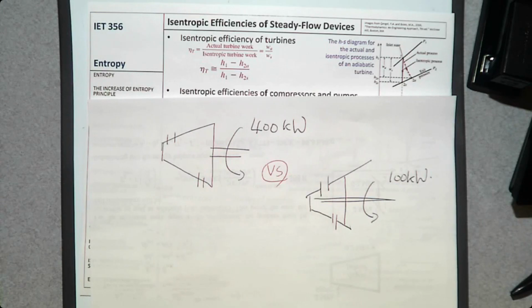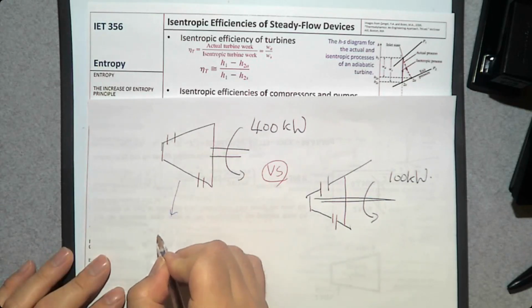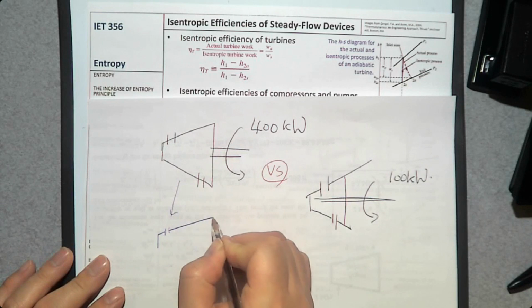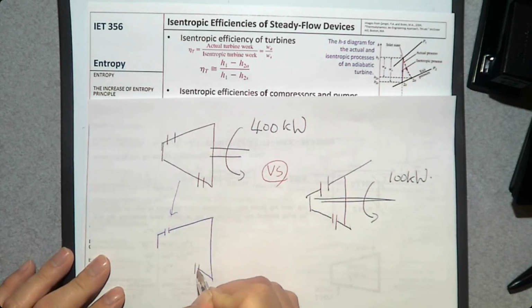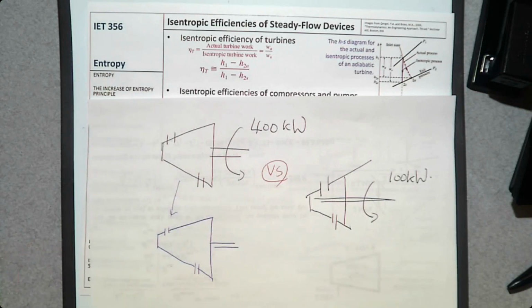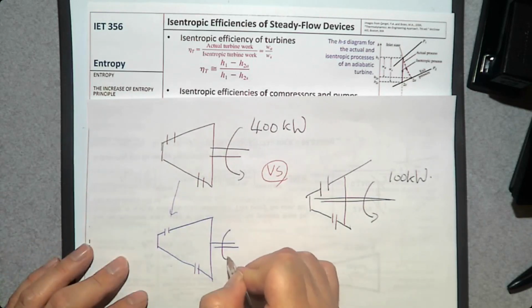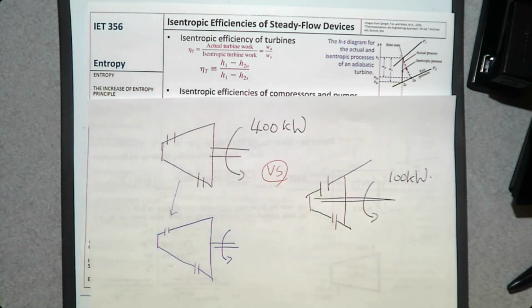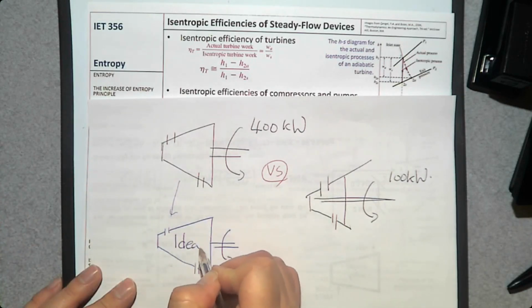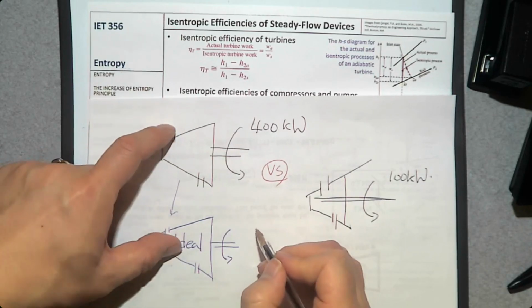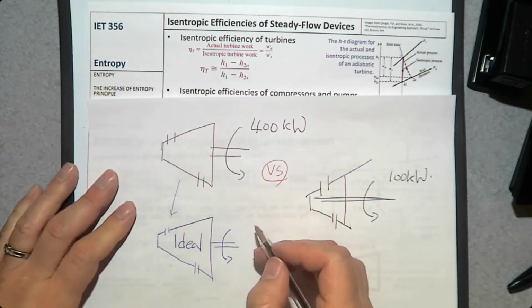Then what about this way? For the size of the turbine, consider the maximum possible power you can generate. Let's say I'm the god of engineering, and I design the perfect, flawless ideal turbine with the same size and the same conditions at the inlet and exit.